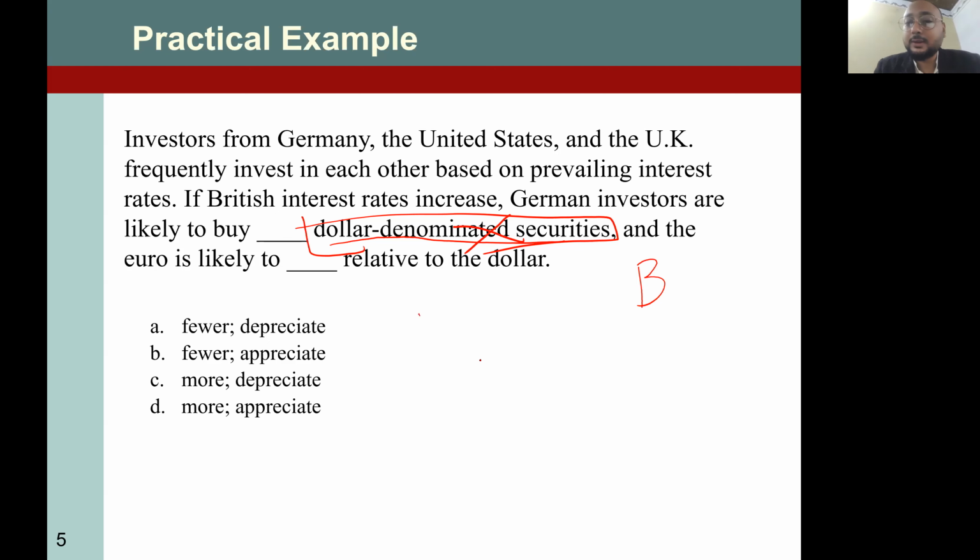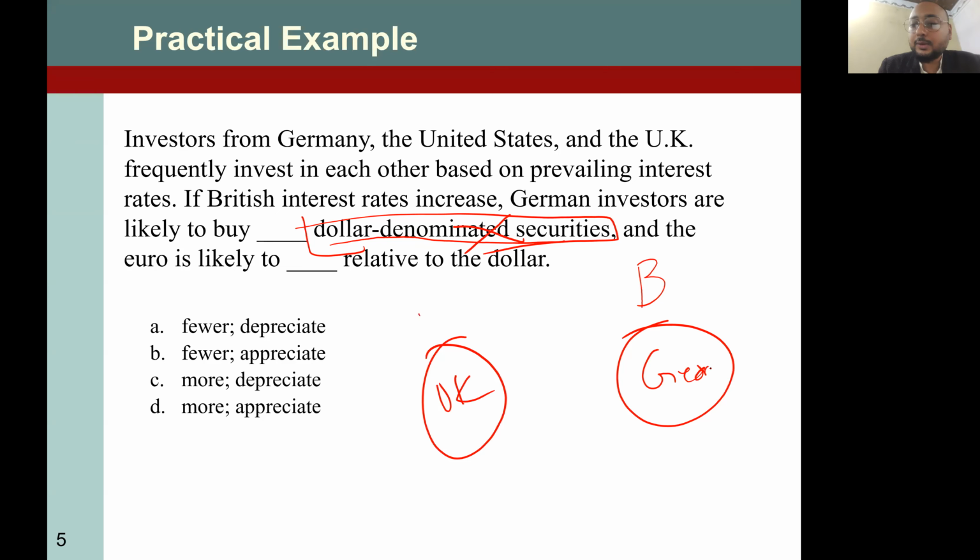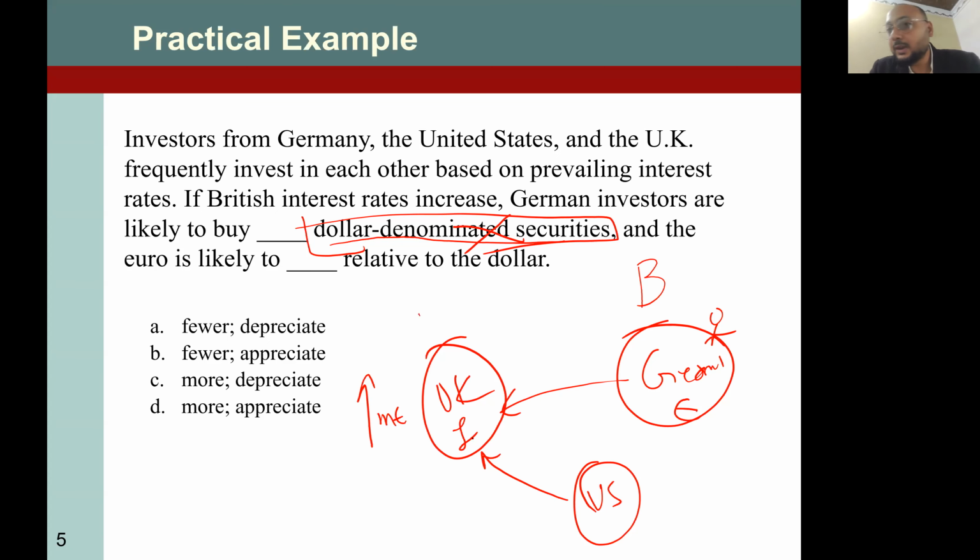Germany is using the euro and the UK is using the pound. So our focus is, we are now here in Germany, and there is also the US here. The interest rate in the UK is higher, so everybody wants to invest in the UK.